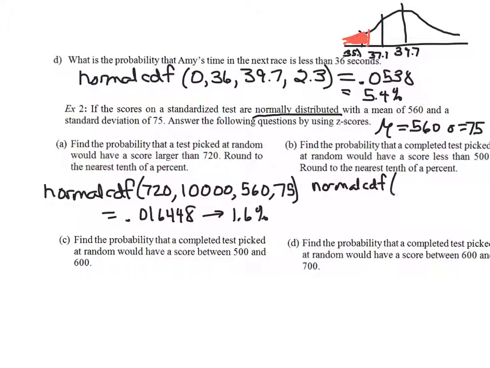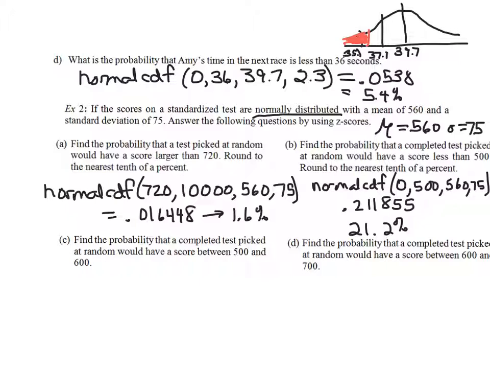And less than 500 means we want to start at 0 and go up to 500 with a mean of 560 and a standard deviation of 75. And on my calculator, 0.211855. So make that a percent and round to the nearest tenth of a percent. So that should be 21.2%.